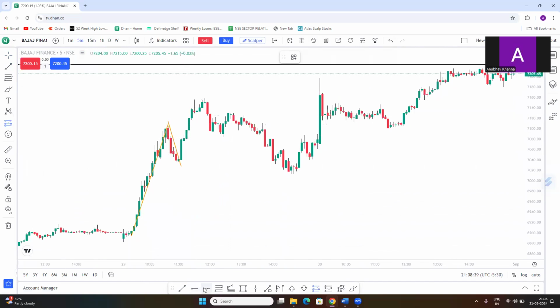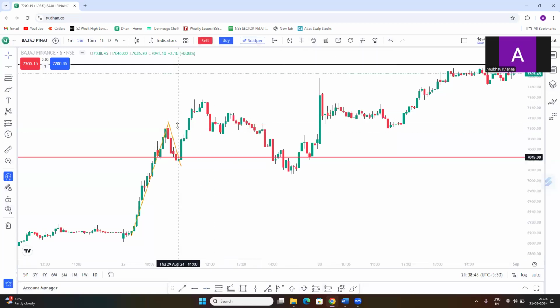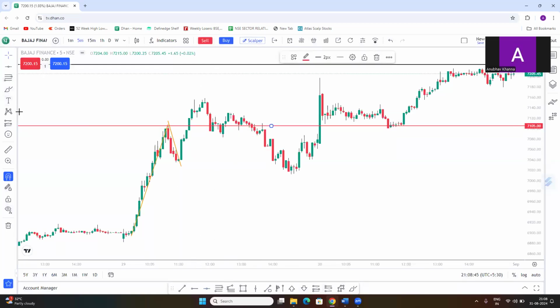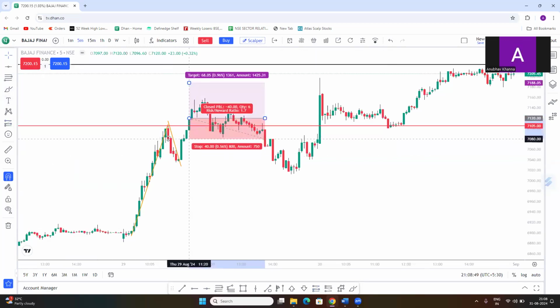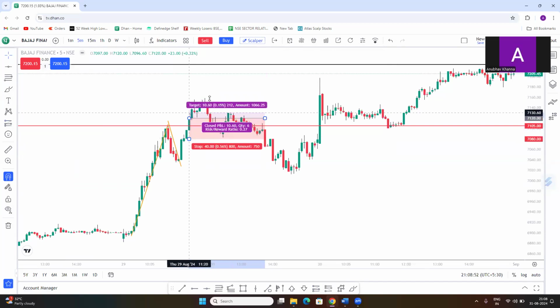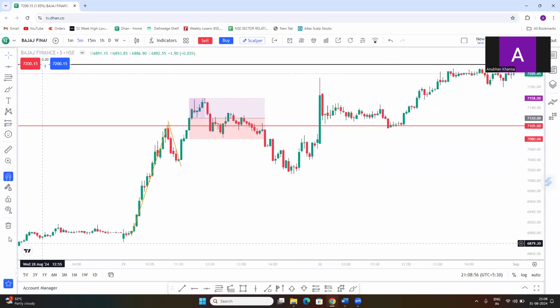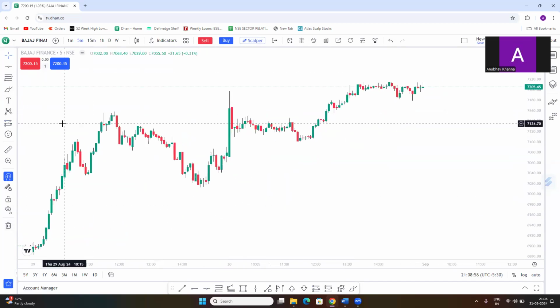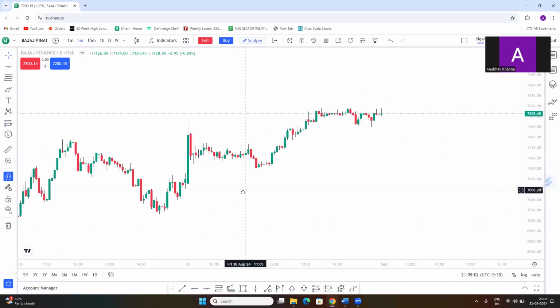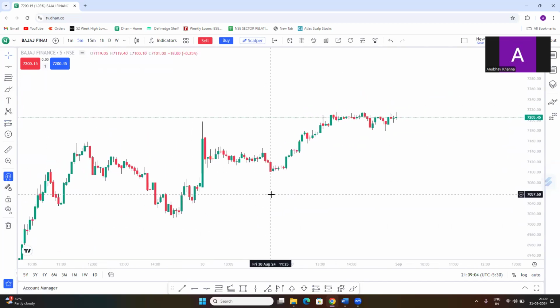Suppose this is your entry point, right? This is a swing. If you are entering here, you can keep a stop loss of 40 points. It can give you almost 1:1. You can do it in this way, but see again, risk to reward should be good, right?